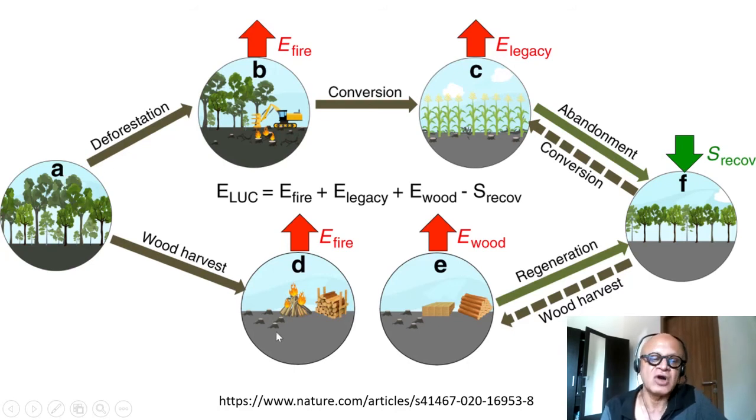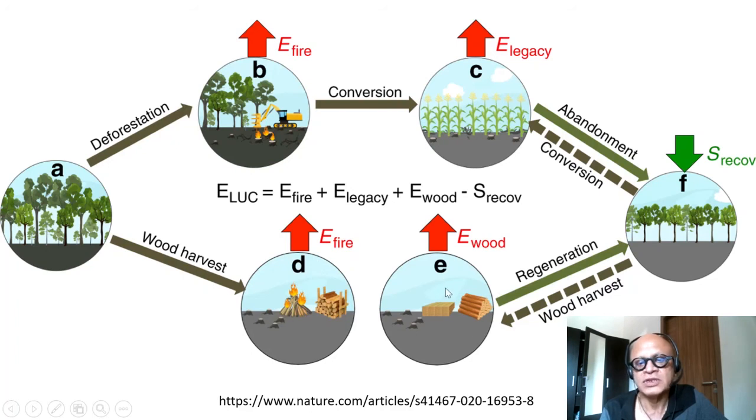So here is a model that I will show some results from. It's showing the forests for deforestation, fire emissions, conversions to agricultural land, abandoning and regrowth or converting back to agriculture, and wood harvesting, burning, and again different kinds of fire emissions.